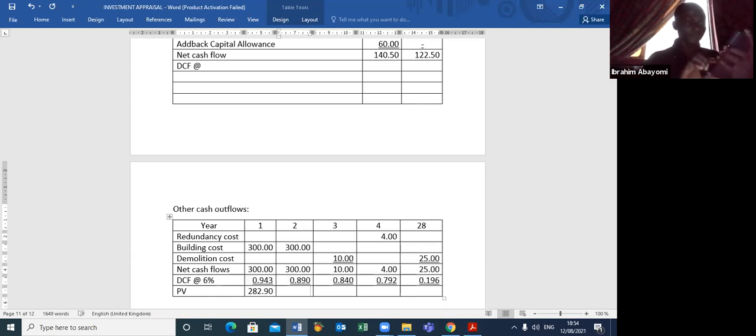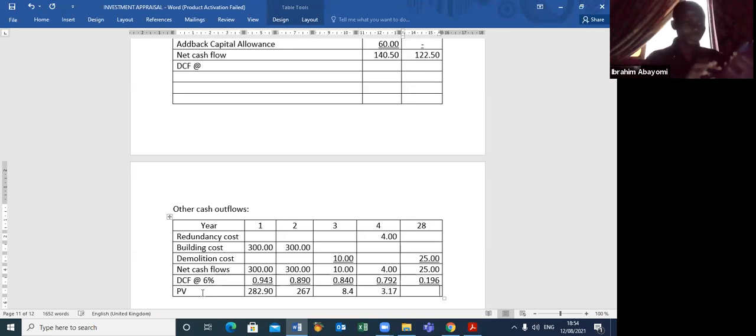Then 300 times 0.89 is 267. Then 10 times 0.84 is 8.4. 4 times 0.792 is 3.17.